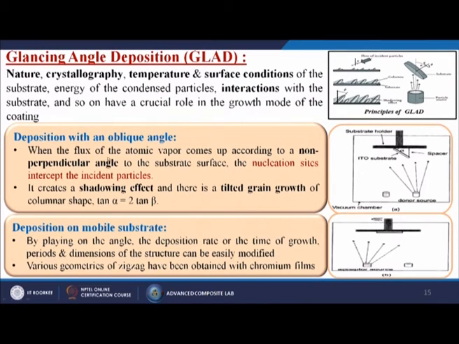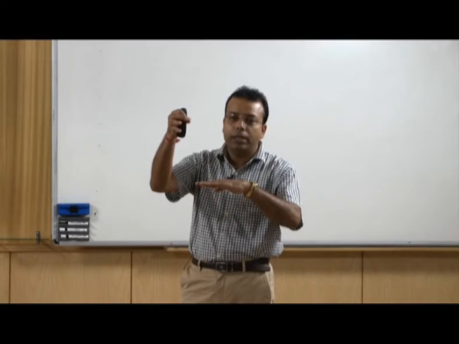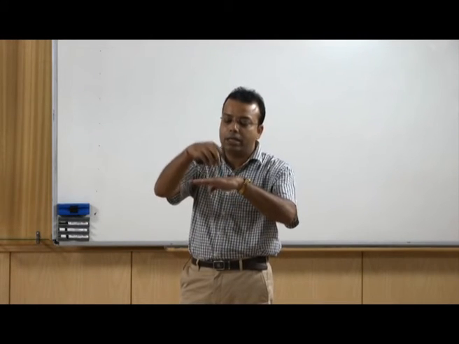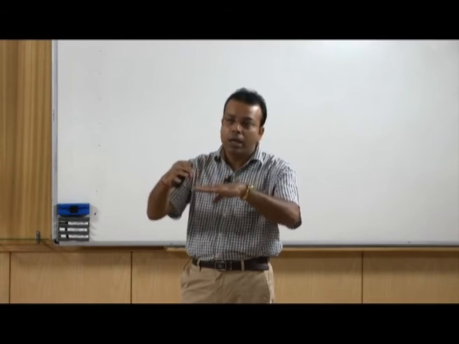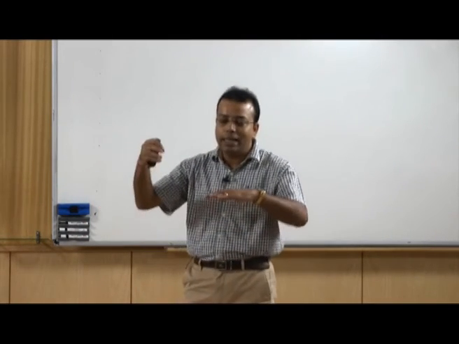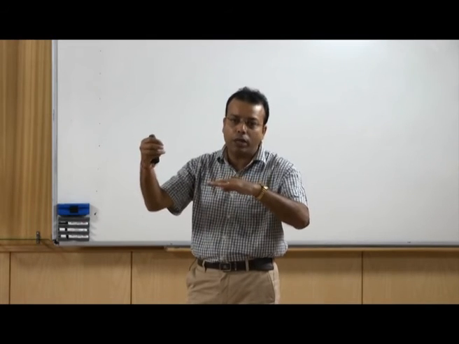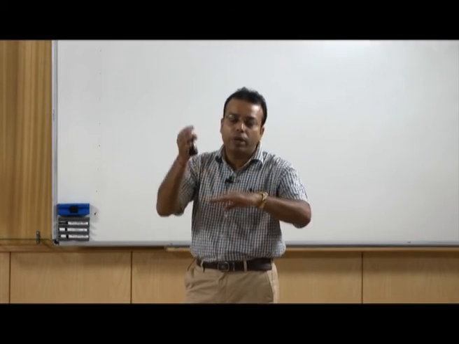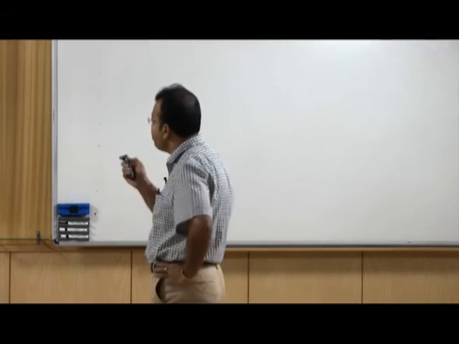Depositions with an oblique angle: when the flux of the atomic vapor comes at a non-perpendicular angle to the substrate, the nucleation sites intercept the incident particles. It creates a shadowing effect and there is a tilted grain growth of columnar shape, tan alpha equal to 2 tan beta. So till now we were discussing that when we release the material directly, it falls onto the substrate and does the coating, but here the reactant molecules we are putting onto the substrate have a single angle.